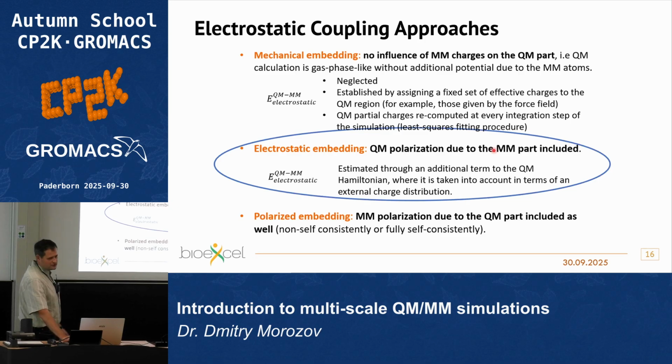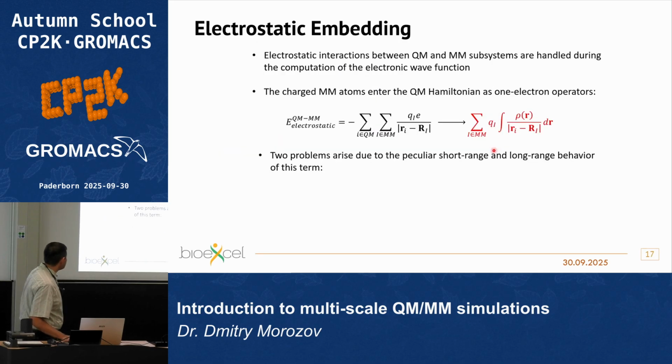Because in CP2K and GROMACS-CP2K we primarily use electrostatic embedding, I will talk more about this. Electrostatic embedding implies that the electrostatic interactions between your QM and MM subsystems are handled during the solving of the Kohn-Sham equation. And how is it done?